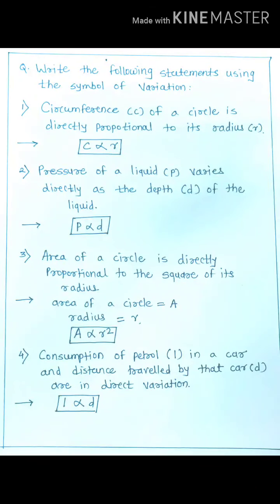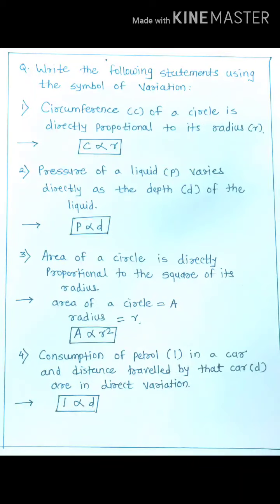Students, now observe how the following statements are written using the symbol of variation. Question: write the following statements using the symbol of variation. First example: circumference C of a circle is directly proportional to its radius r. It is written symbolically as C is directly proportional to r. Second example: pressure of a liquid varies directly as the depth of the liquid.